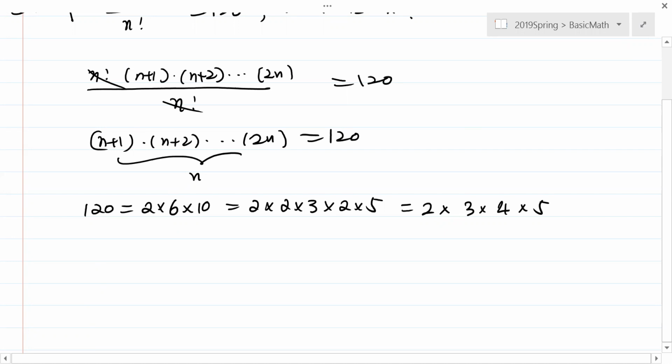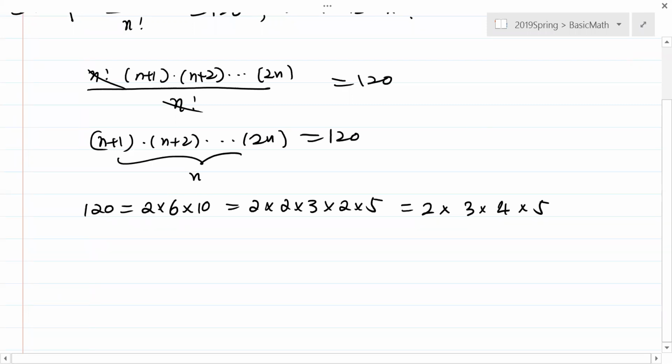Make sure the factorization of 120 is correct. So you have to look for other combinations. Is there any solution you can get?